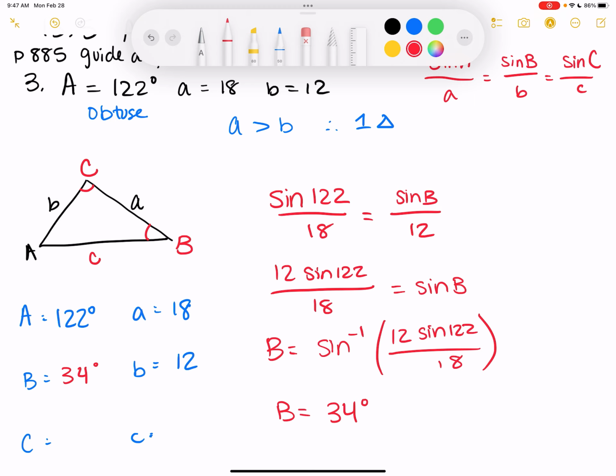Wait, I messed up somewhere. I switched it. It said inverse sine, and then I hit second enter, and then it just switched it out. It's not there anymore. It just says answer divided by 18.